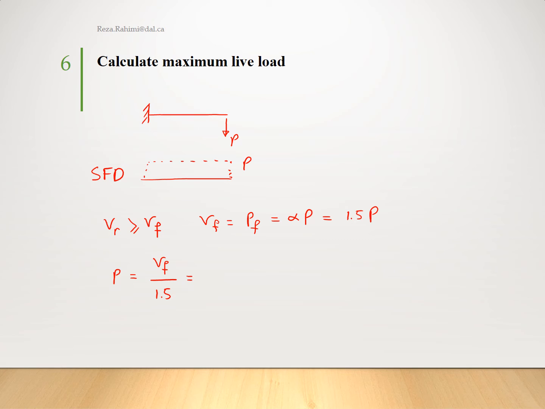So VF cannot exceed VR, so I'm using 380 over 1.5, which is 253 kilonewtons. And this will be the maximum live load that can be applied to the crane.